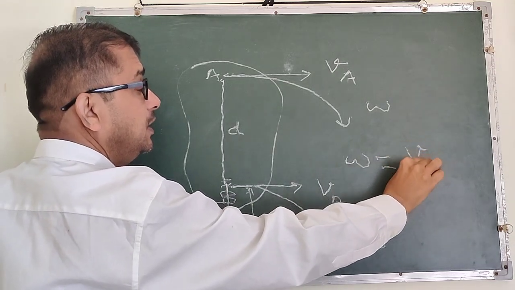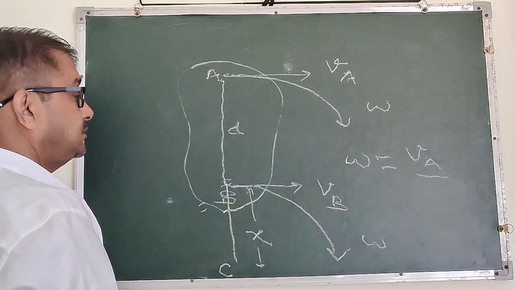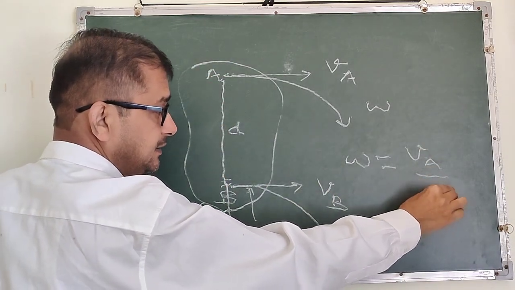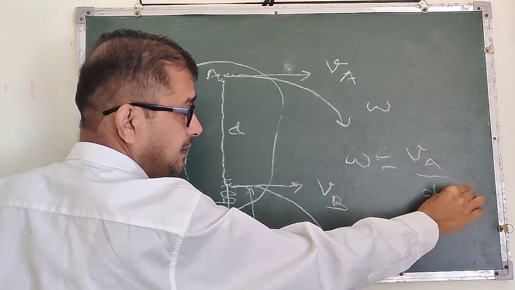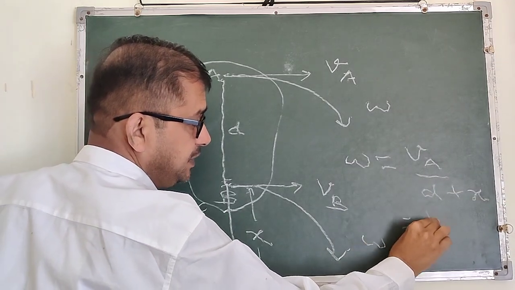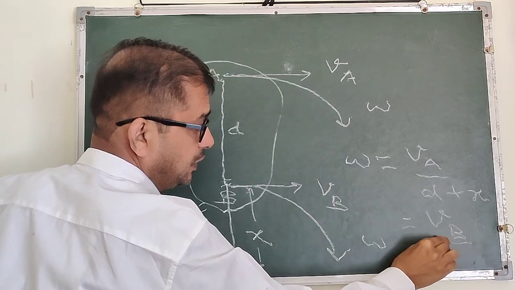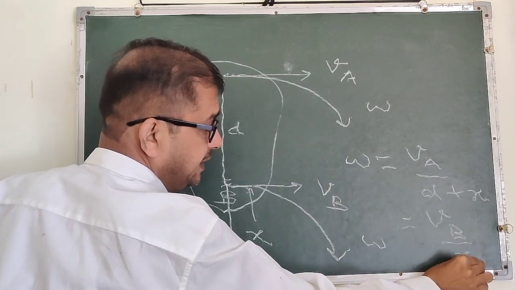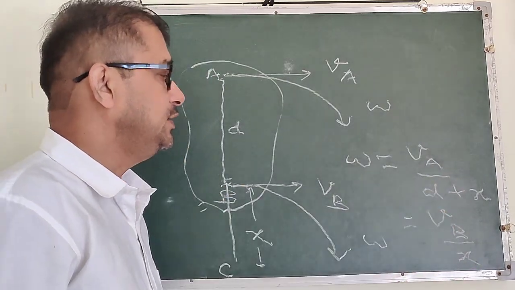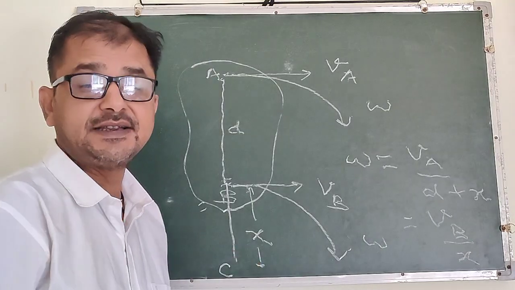As we know, omega is equal to V upon R. For A, this radius will be d plus x, so omega is VA upon d plus x, and the same omega for B is VB upon x. On comparing them, we can find x, and putting the value of x, you can find omega. This is the instantaneous axis of rotation.